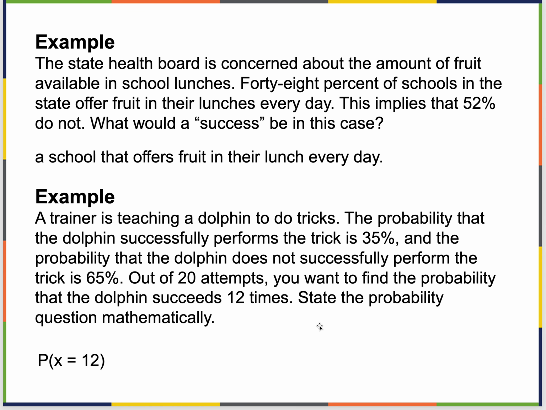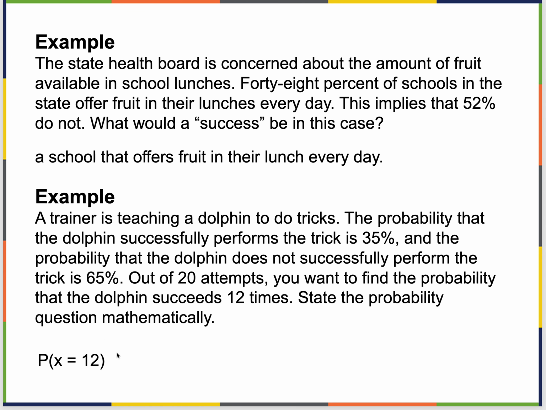And then here's one: a trainer teaches a dolphin to do tricks. You answer this one. The probability that the dolphin successfully performs a trick is 35%, and the probability that the dolphin does not is 65%. Out of 20 attempts, you want to find the probability that the dolphin succeeds 12 times. State the question mathematically.